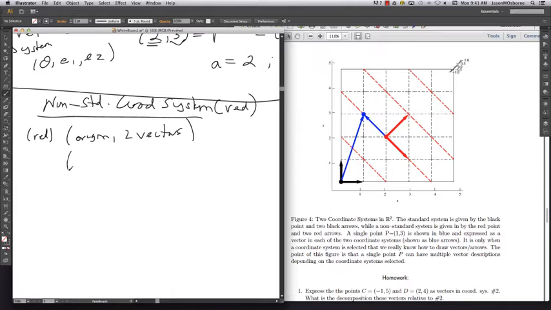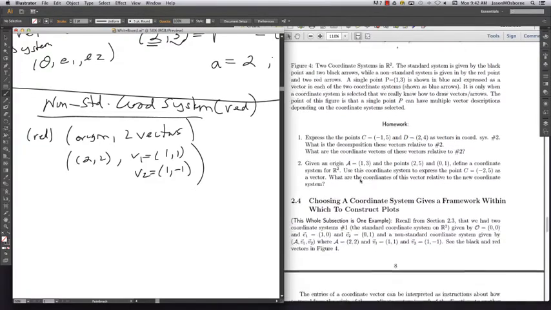The origin for this problem is the point (2, 2). And the 2 vectors, let's call them V1 and V2. V1 is (1, 1) and V2 is equal to (1, -1). So there's your non-standard coordinate system. Here's the origin, and here are the two vectors.